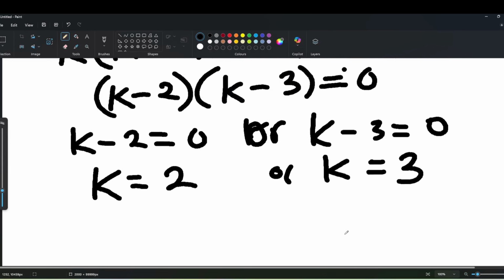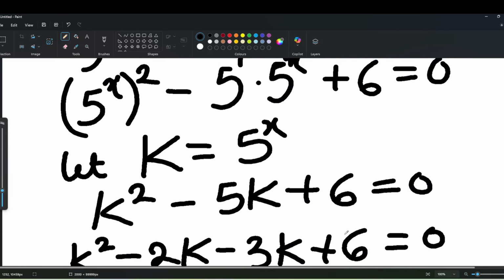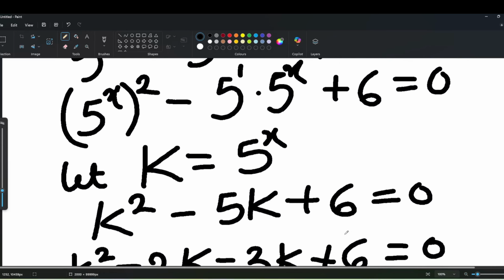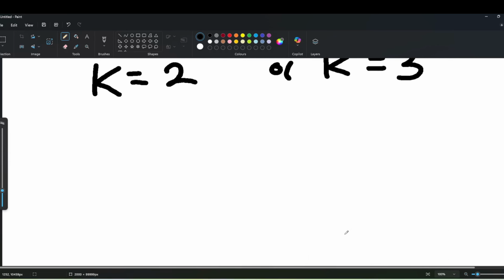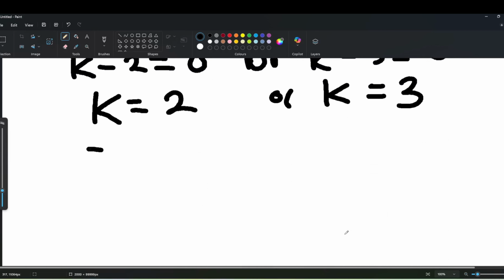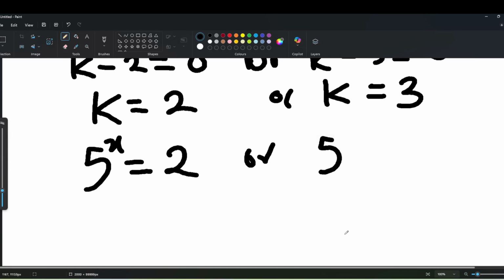So this is k. But what is k? As we saw earlier, k is 5 raised to power x, right? So we now put here 5 raised to power x is equal to 2, or 5 raised to power x is equal to 3. Okay, now if you look at this expression, we are looking for x.